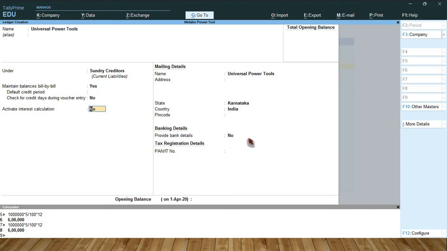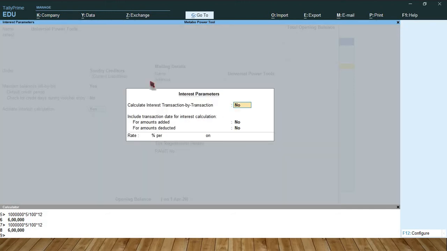Activate interest calculation, set to yes. See, here this is very important. Calculate interest transaction by transaction, set to yes, because you are purchasing goods from your suppliers once in a month, twice in a month, or weekly, or 15 days, like this you have to purchase the items.